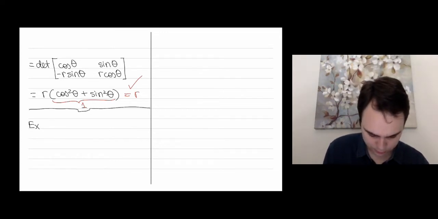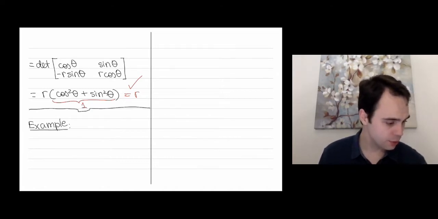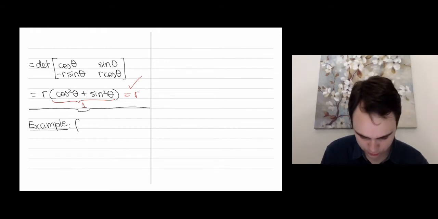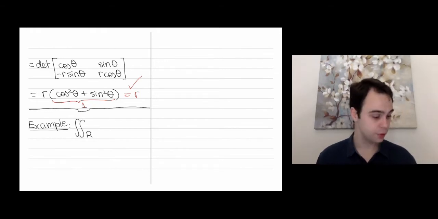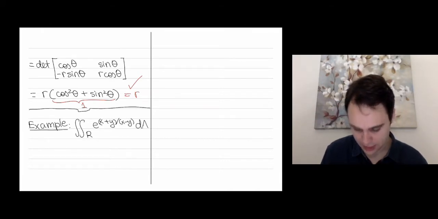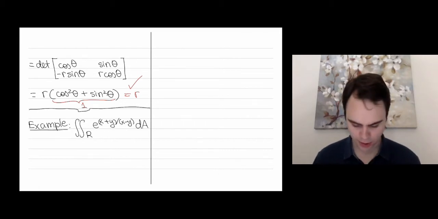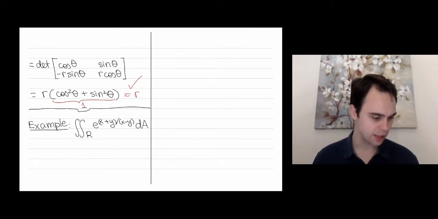Okay, so example. Our job is to compute the double integral over a certain region R of the function e to the (x plus y over x minus y) with respect to dA. R is a region of the xy plane, and dA is the area element in the xy plane.